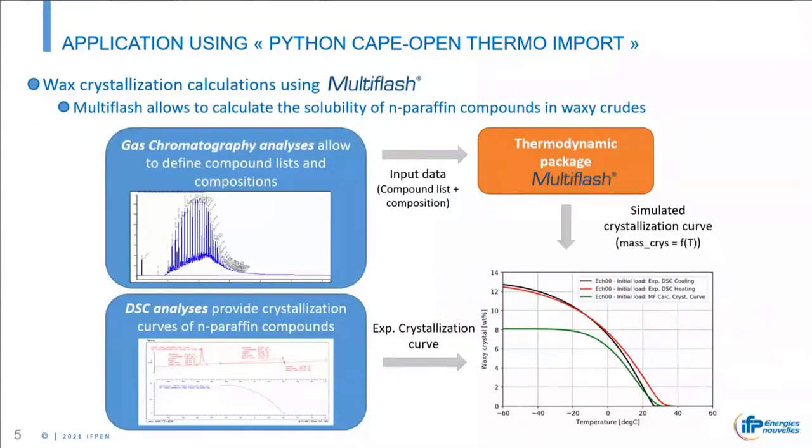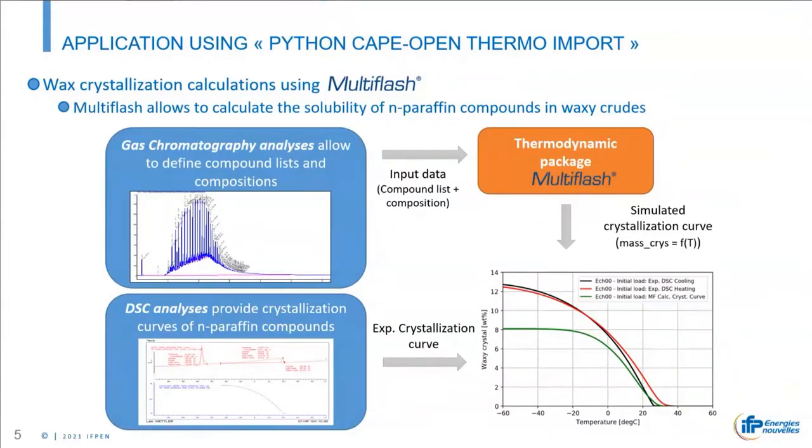So on one side, we have performed a lot of gas chromatography analysis, where we can define a compound list and the composition of the fluid. This composition is used as input data to the thermodynamic package Multiflash, and then we can simulate the crystallization curves.